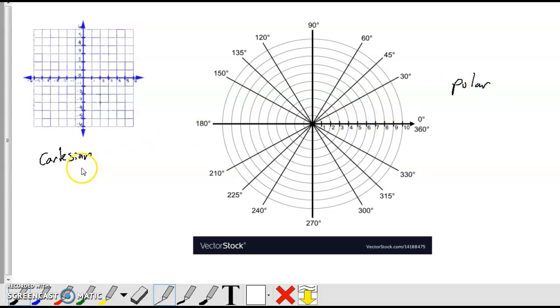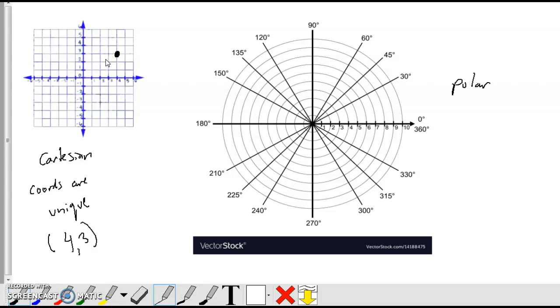Now, Cartesian coordinates are unique, meaning if I wanted to plot the point 4 comma 3, I'm going to start at my origin, and go over 4, 1, 2, 3, 4, and then go up 3, 1, 2, 3. So this point right here is 4, 3. I cannot label it any other way.